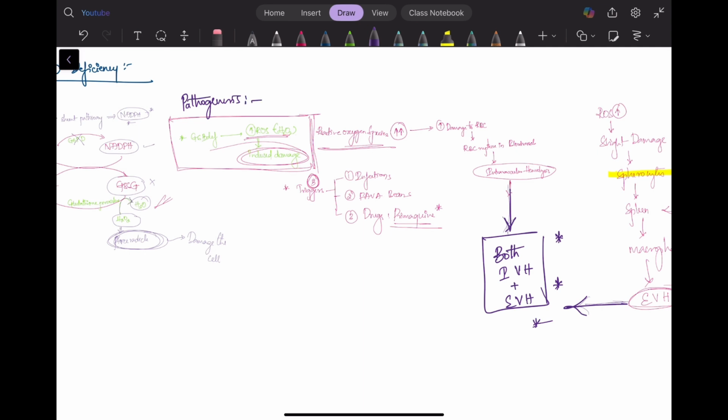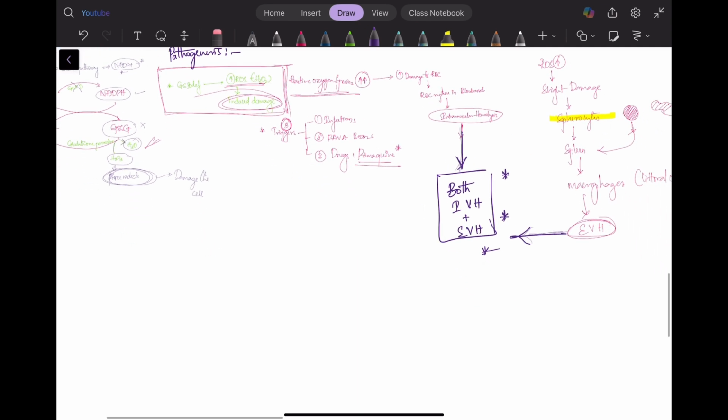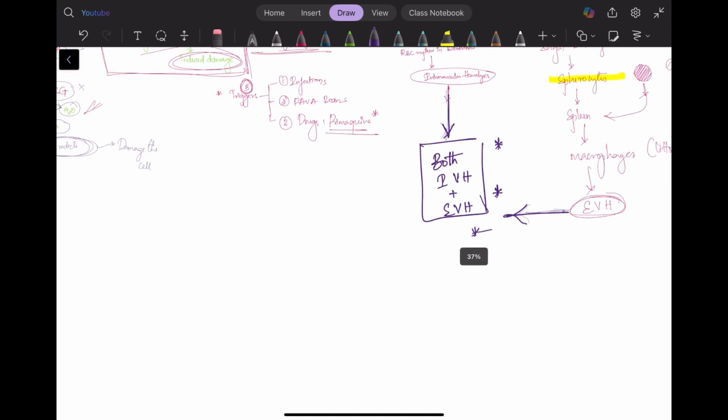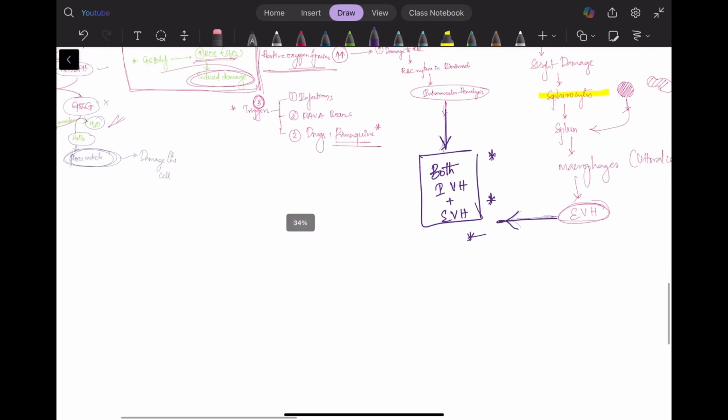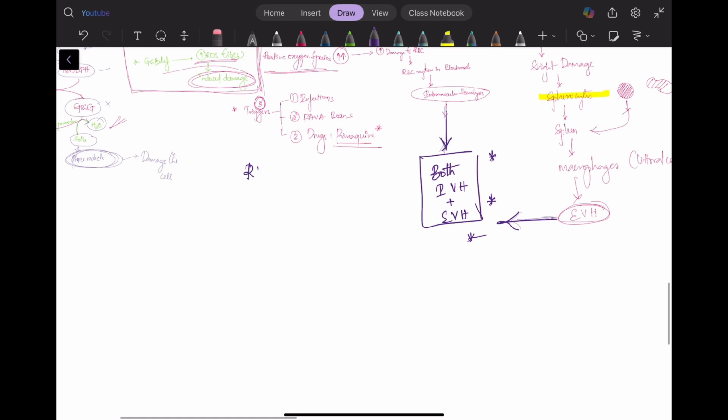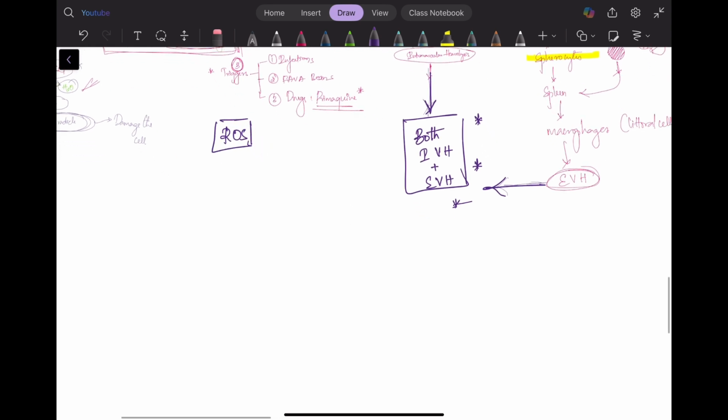I hope there is no doubt in pathogenesis, right? Then what happens? These ROS are not decent people. These people further damage something else. What do they cause? They cause hemolysis. Then what happens? Causes denaturation of globin.